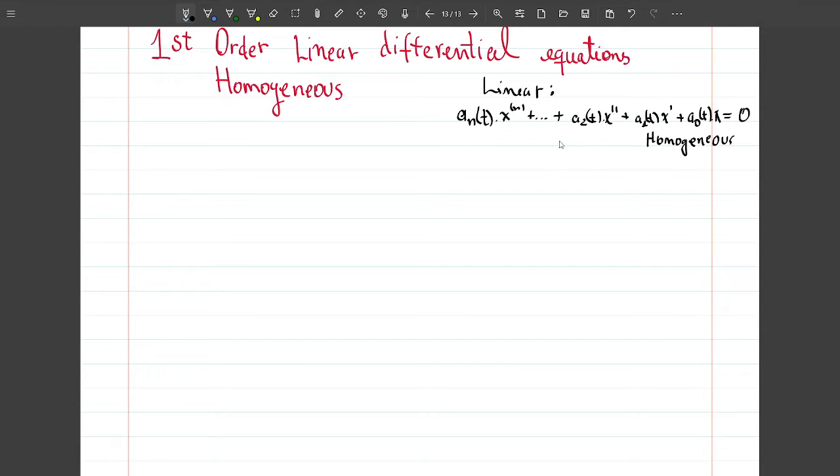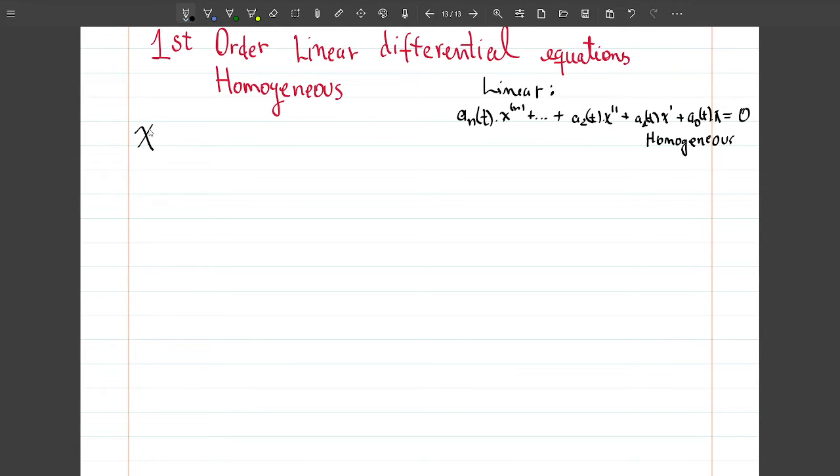If you are interested in first order, we just have these functions until the first order derivative of our function x.